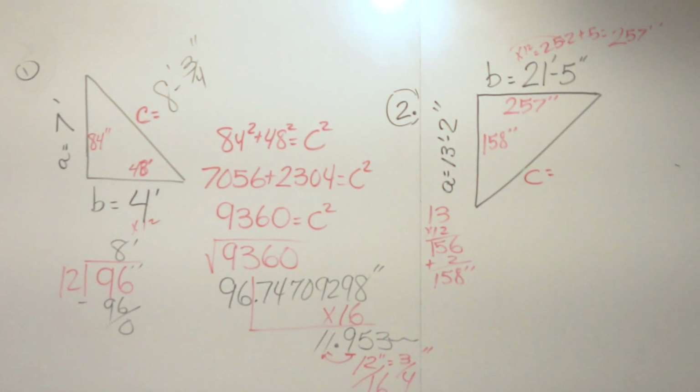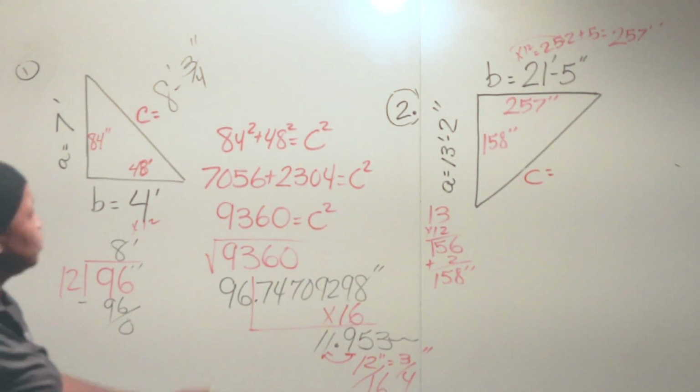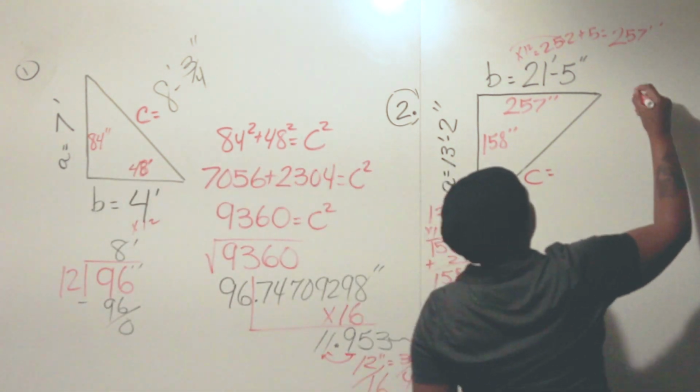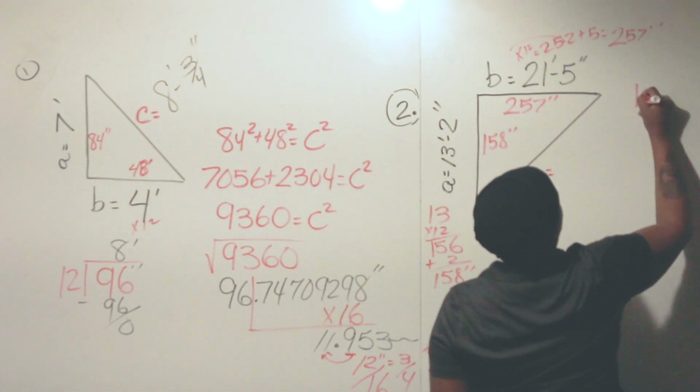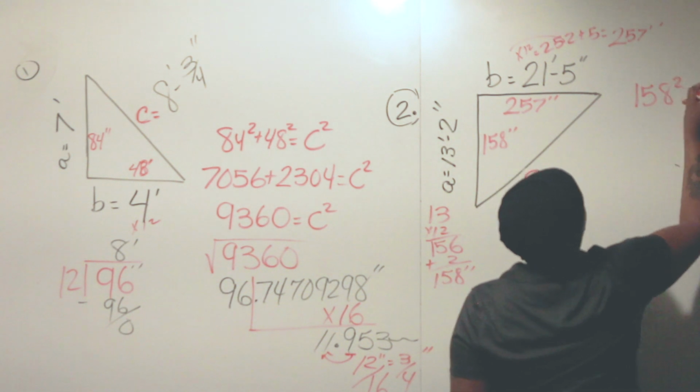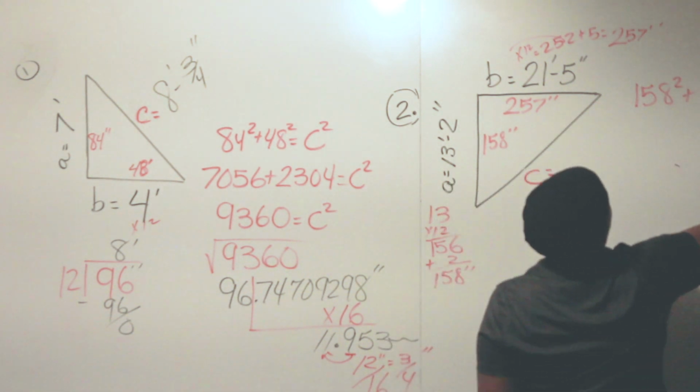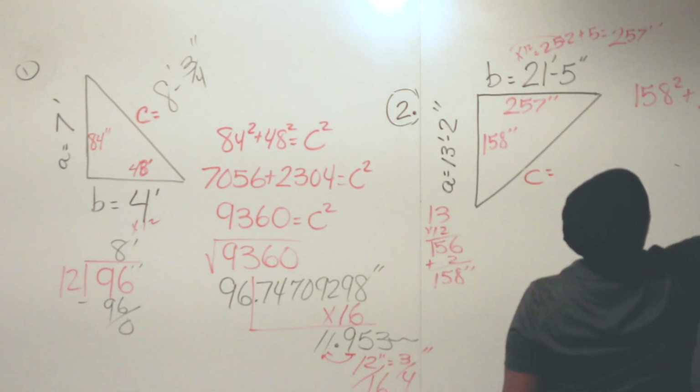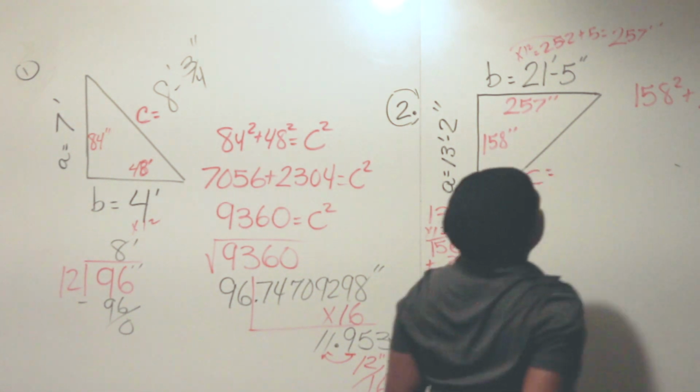Next thing we do is plug it in a formula. A squared plus B squared equals C squared. So we take the 158 squared plus 257 squared equals C squared. Right?